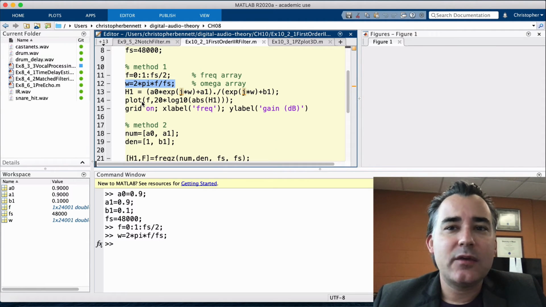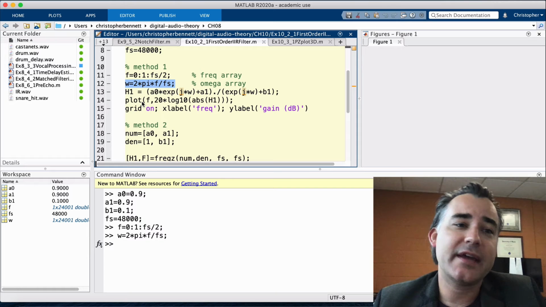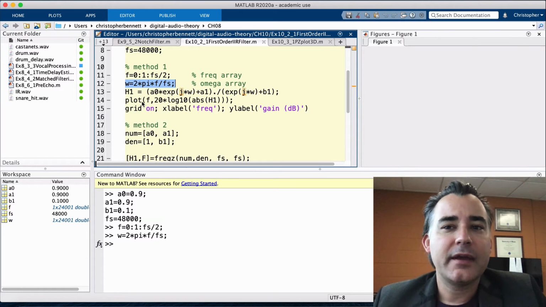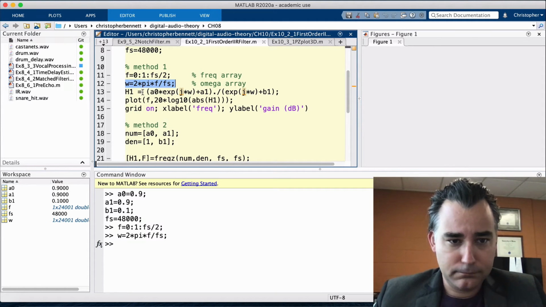So where we had A0 times z plus A1 in the numerator of the transfer function, we now have A0 times e to the j omega plus A1 in the numerator, and with a similar substitution in the denominator. And if we plot the absolute value of this, we can see the magnitude response of the filter. Numerator, denominator, put it all together to get the frequency response.